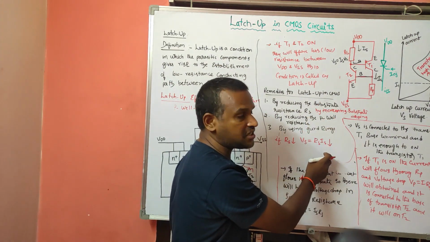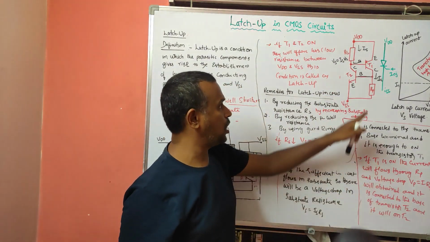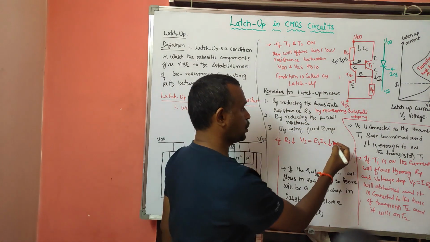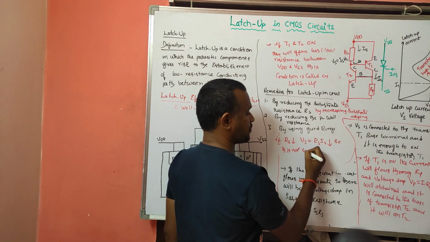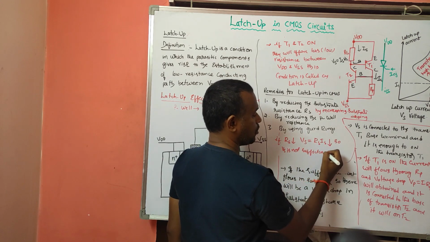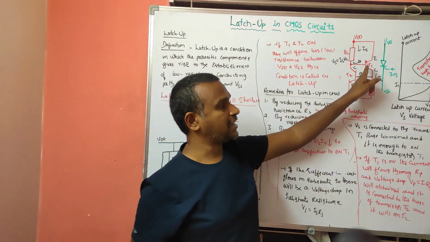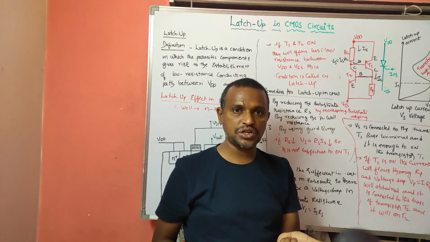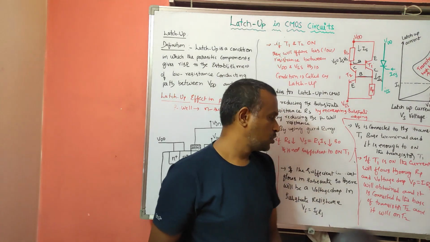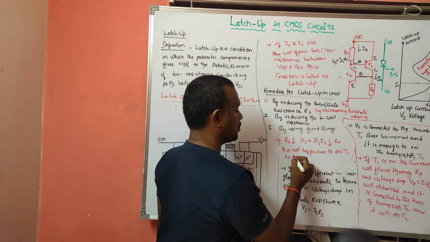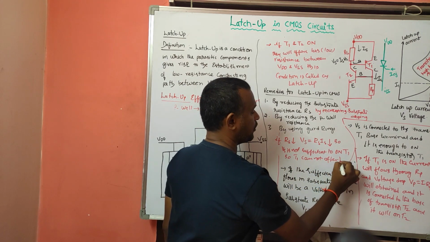If it decreases, that voltage drop Vs is not sufficient to turn on the transistor T1. If the transistor T1 is not in the on condition, it cannot offer less resistance.